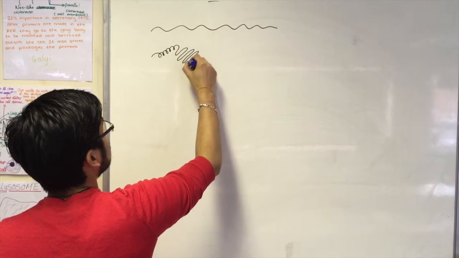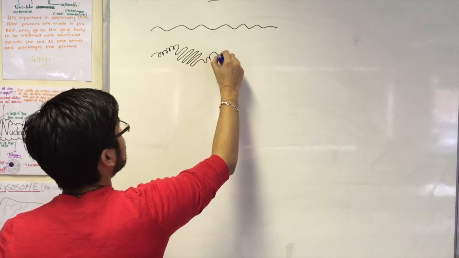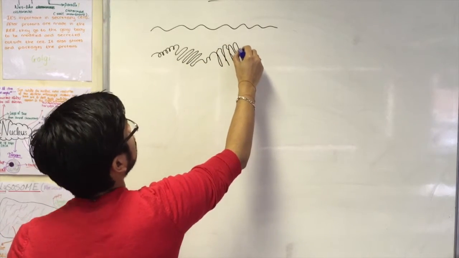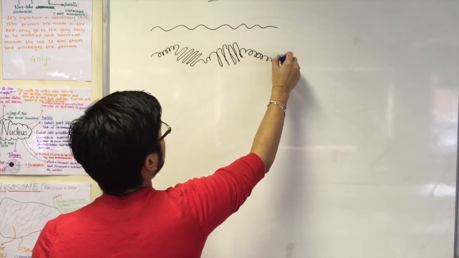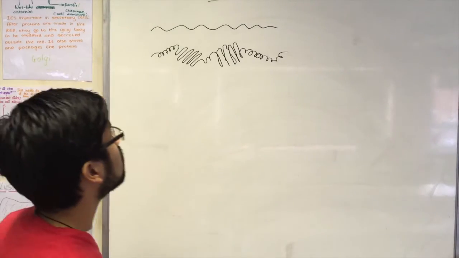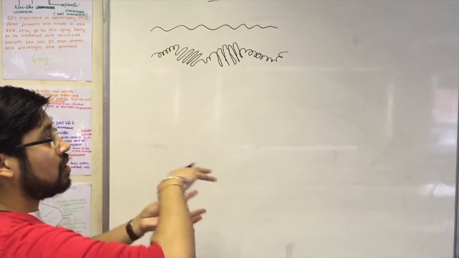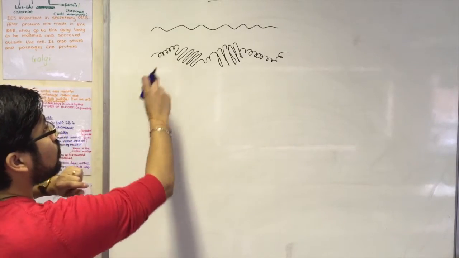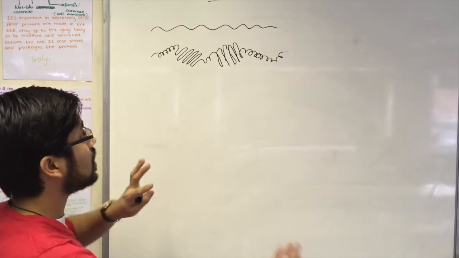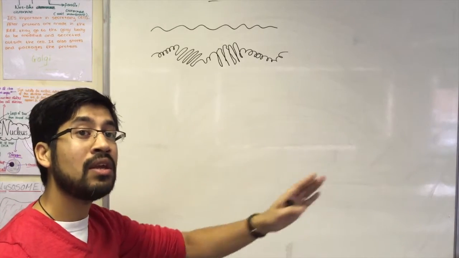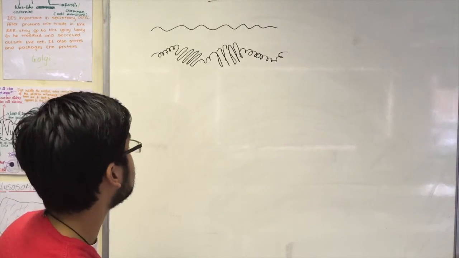Some of it might be anti-parallel sheet, some of it might be parallel sheet, other bits might be helix, and so on. Okay, so that's kind of how you might want to think of secondary structure. We haven't got a fully folded protein here, but we've got bits of folding caused by the secondary structure, but it hasn't folded up in 3 dimensions. It's still more or less in a linear arrangement.